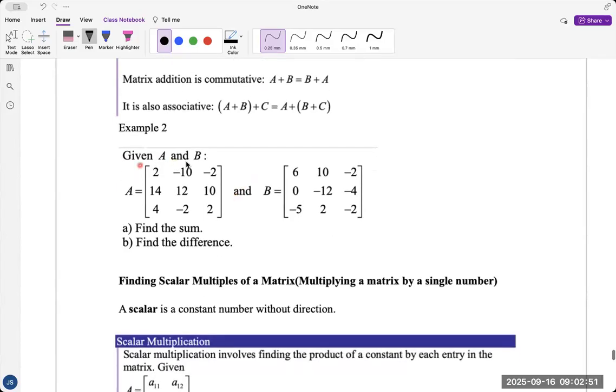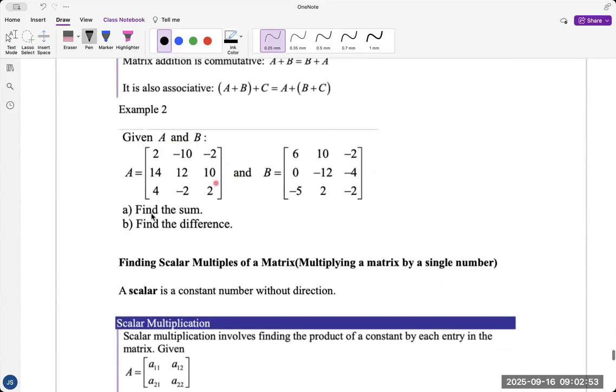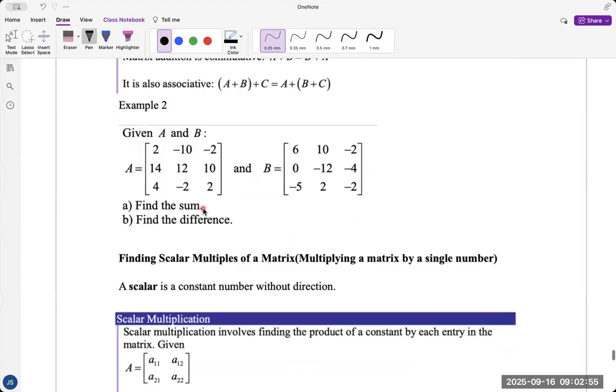So they say, given A and B, find the sum. So if I add them, just like I said a minute ago, this is not bad.